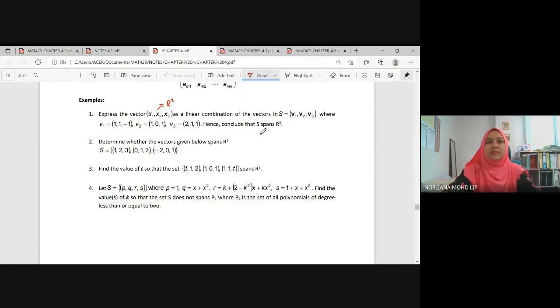Then conclude S spans R3. So here it asks us to prove whether S spans R3 or not. The first step is already given: let any arbitrary vector x, they have given it. So you can proceed to the second step.